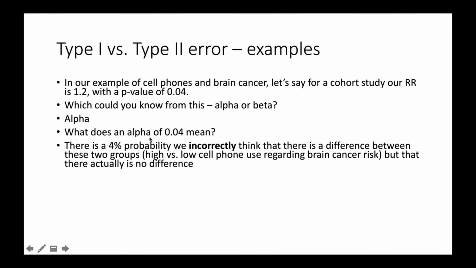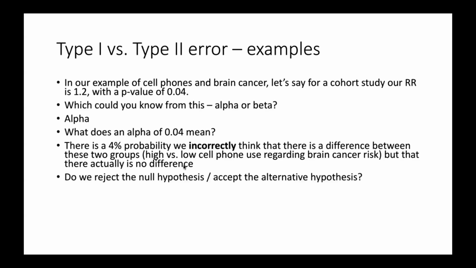I'm making this connection because you'll see in review books, p-value equals alpha, and I want you to know why that is. But when they report the statistics, they'll never say the alpha is 0.04. They would say the accepted alpha is 5%.